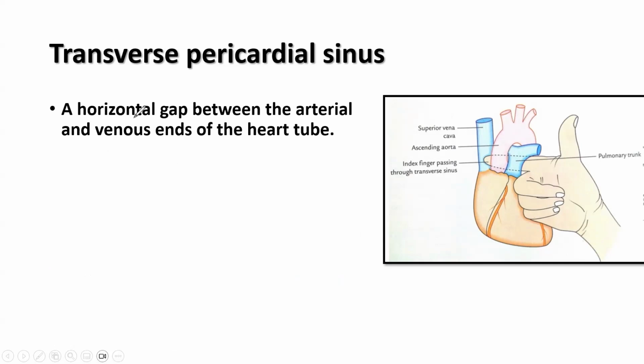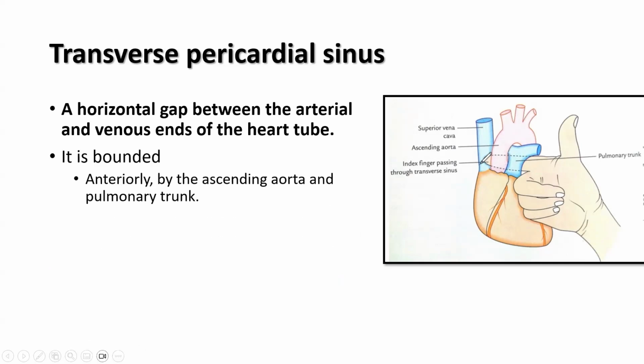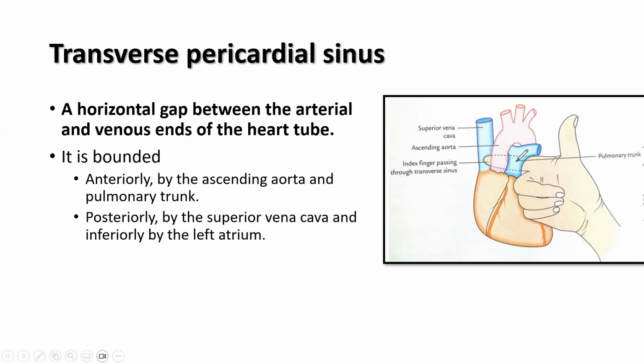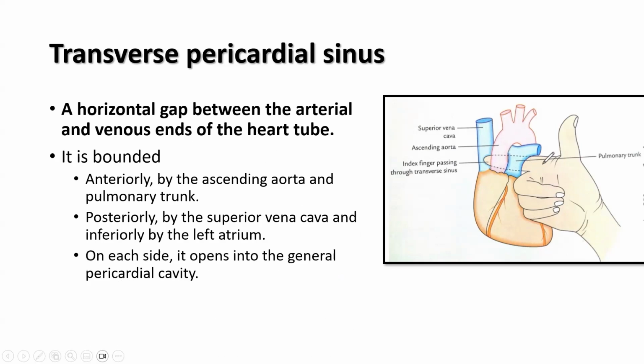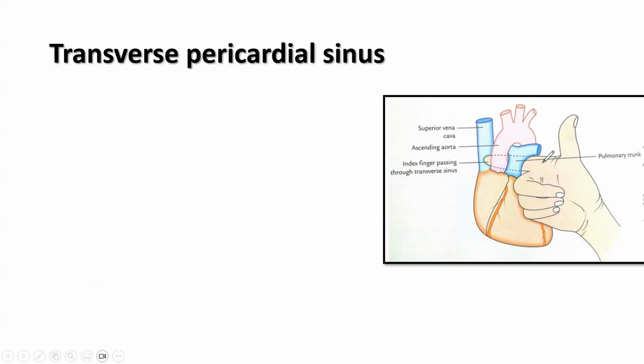Actually, it is a horizontal gap between the arterial and venous ends of the heart tube, and it is bounded anteriorly by the ascending aorta and pulmonary trunk, posteriorly by the superior vena cava, and inferiorly by the left atrium. On each side, the transverse pericardial sinus opens into the general pericardial cavity.